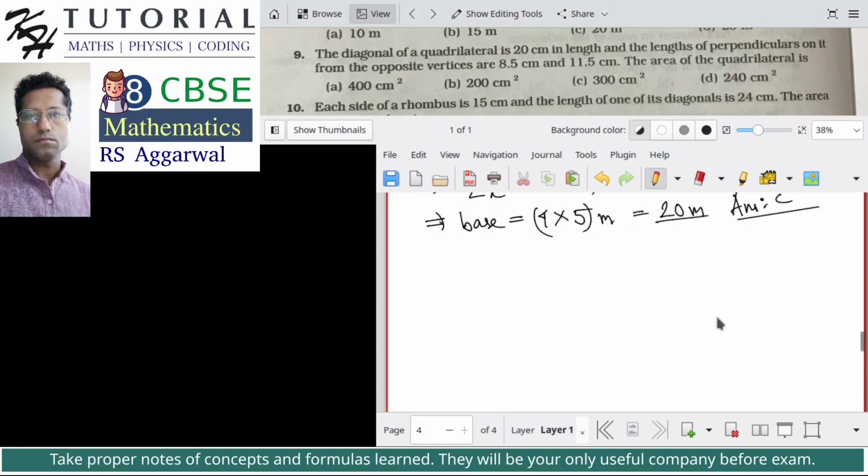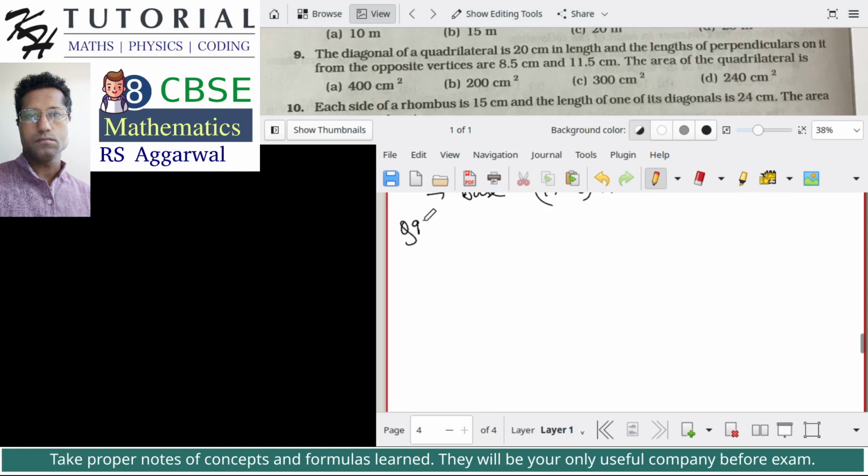Let's do question number 9. The diagonal of a quadrilateral is 20 centimeter in length and the lengths of the perpendiculars on it from the opposite vertices are 8.5 centimeter and 11.5 centimeter. The area of the quadrilateral is.